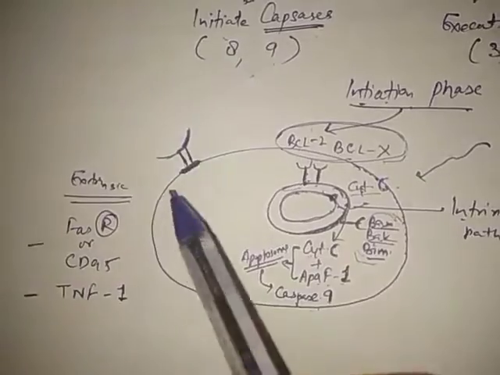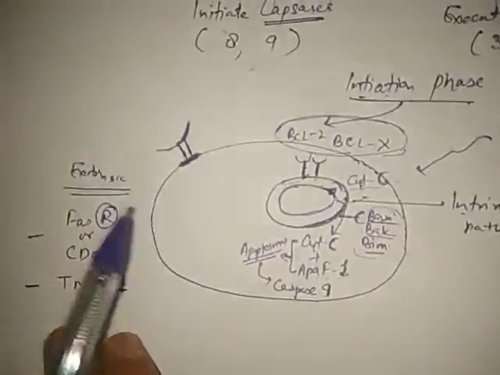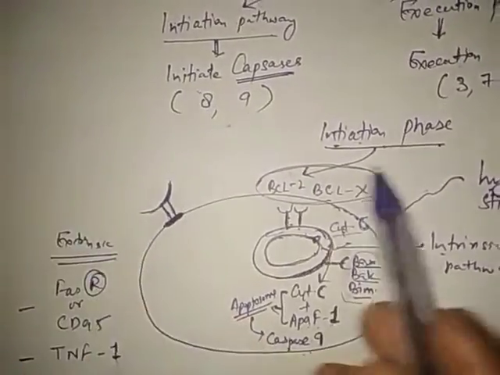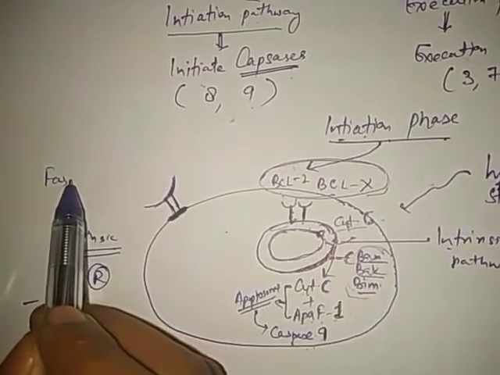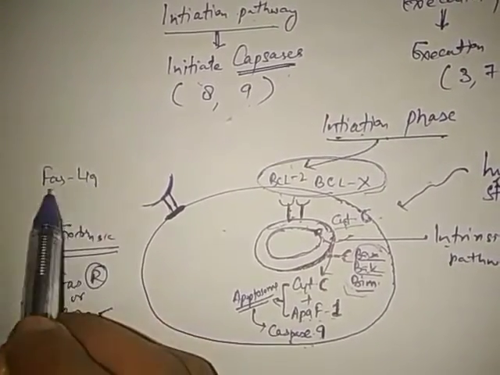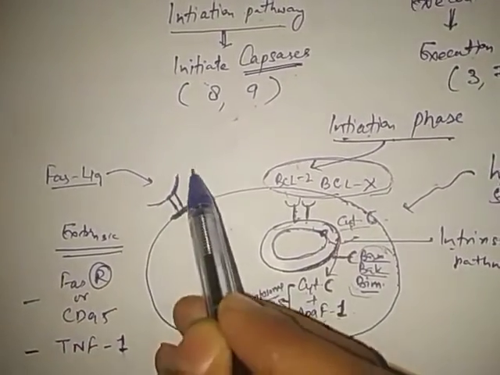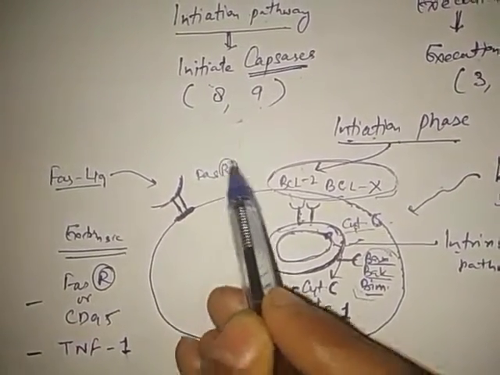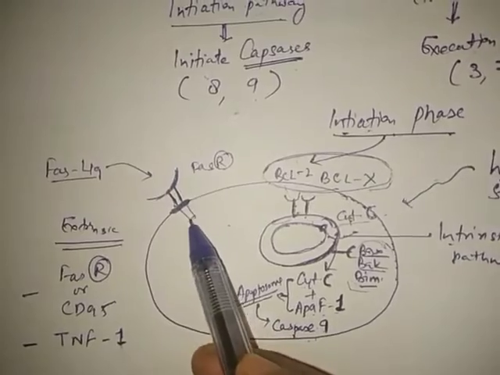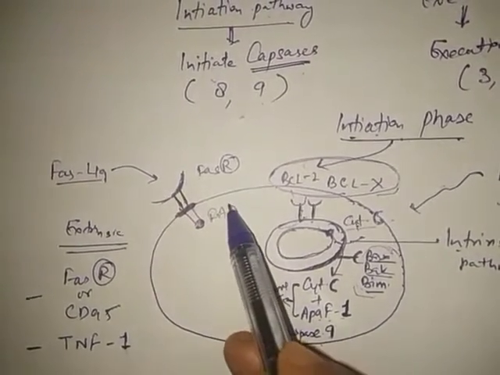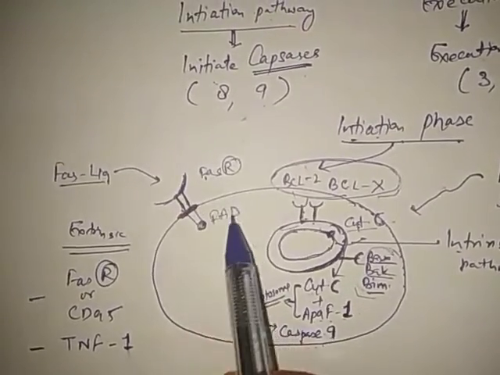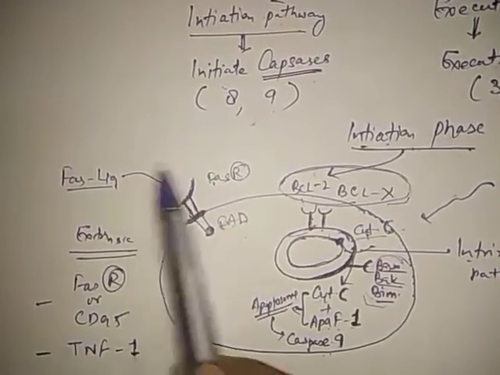And whenever there is injury to the cell, or when the cell is not required by the body, FAS ligand binds with the FAS receptors, or death receptors, and it activates the FAS associated death domain. So FAS receptor, FAS associated domain, FAS ligand, these are all pro-apoptotic.